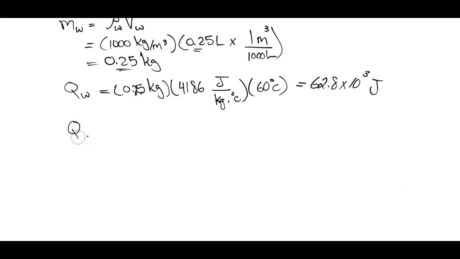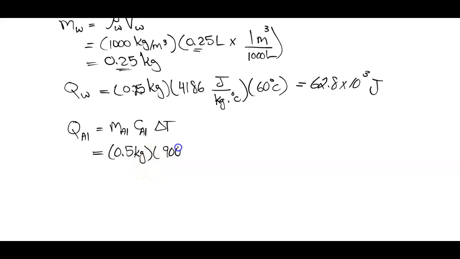If we look at the aluminum can, it's going to be the mass of the aluminum, specific heat for aluminum times the change in temperature again for the aluminum. We're told that it's a 0.5 kilogram can.